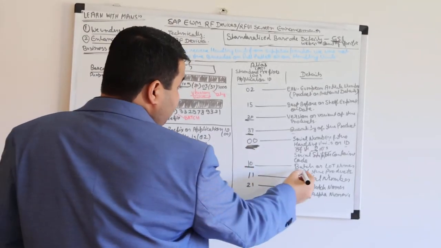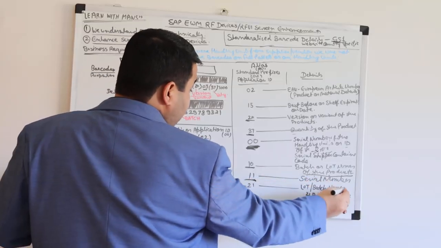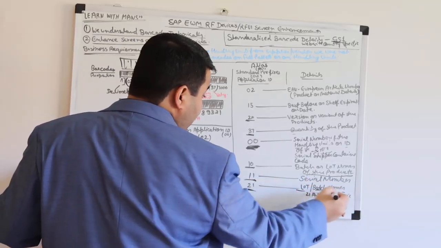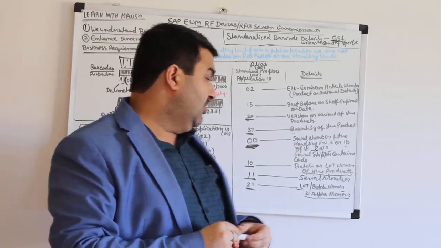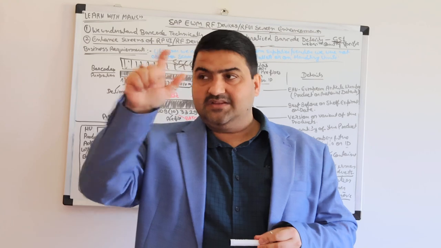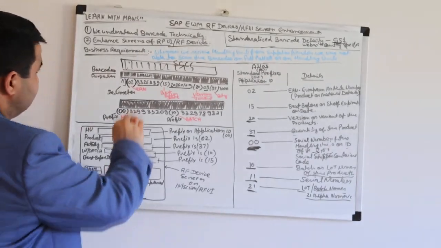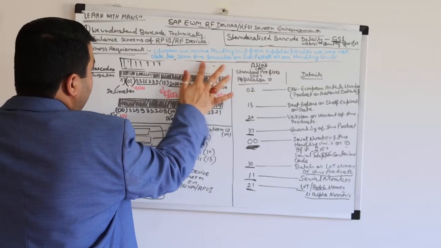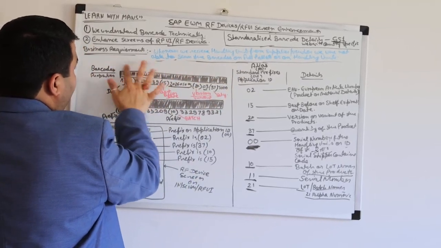Prefix 10 means batch or lot number. 11 means serial number. 21 means lot batch, alphanumeric, because a batch number or lot number can contain alphabets and numbers also. In that situation, let's understand only the first barcode, then you will come to know the other one.